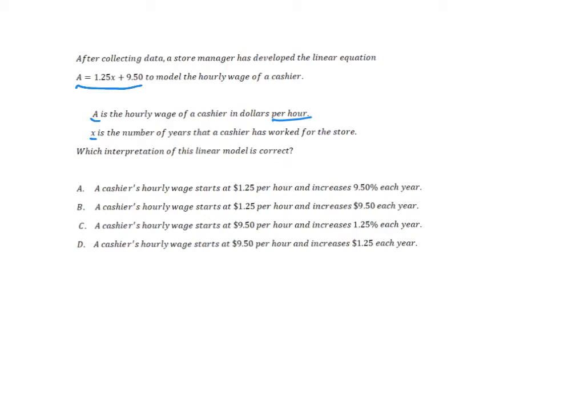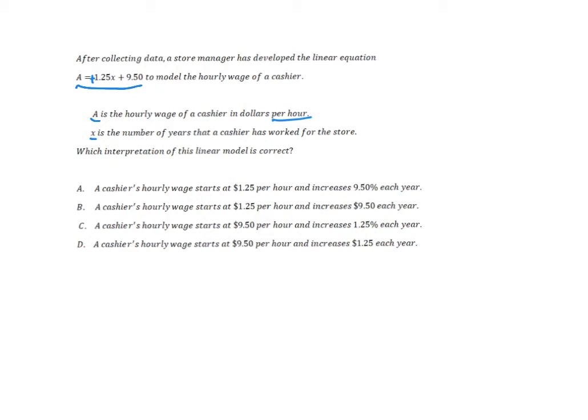Since we have a positive slope here, which is 1.25, we're talking about increasing. And we have 9.50, which is the base salary, plus 1.25, probably increasing every year. Well, let's check the answers.